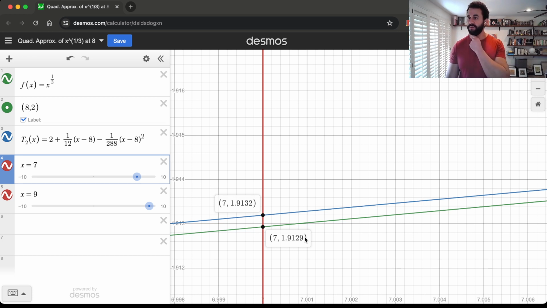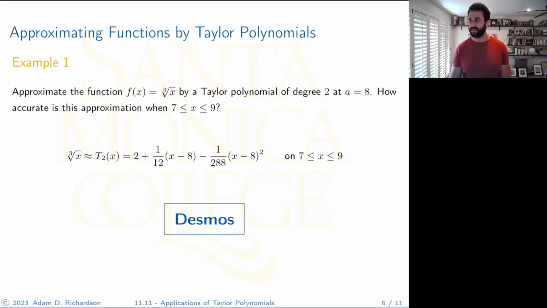So we don't want to be constrained to Desmos's limitations. We want to have a more general theory that'll let us investigate approximations and their accuracy in general. All right. So now that we've got this approximation, I want to know how far off it could possibly be. So let's go back to the slides and continue from there.